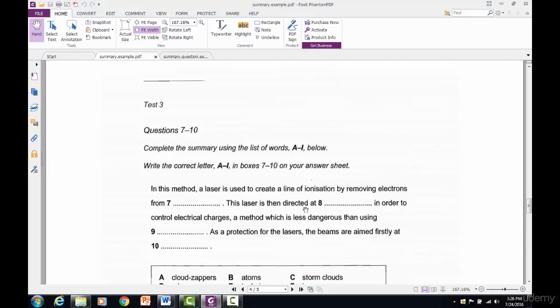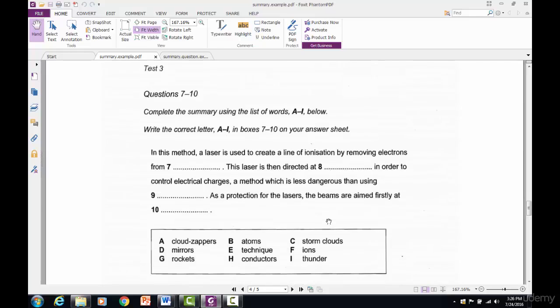So we had our first answer, atoms, come from the first sentence. We had our next answer, storm clouds, come from the second sentence. And then for number 9, it's a method that's less dangerous than using. So we have to find language that means less dangerous than.